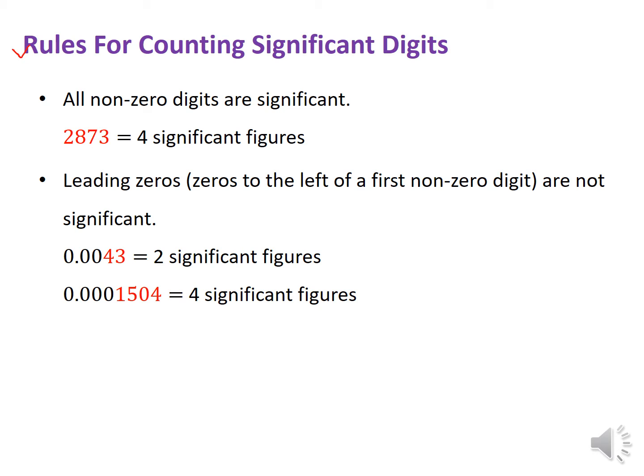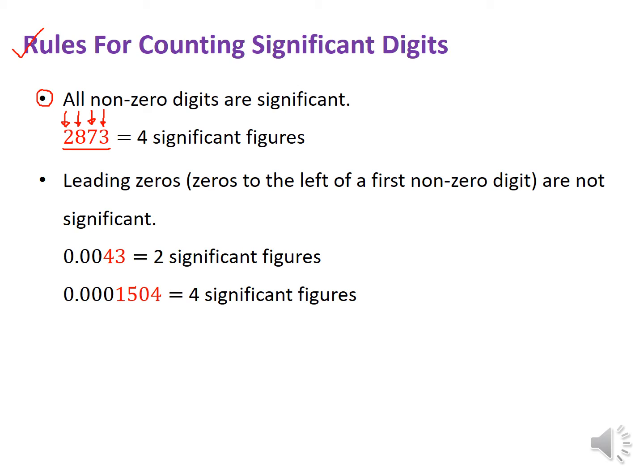Now we will discuss rules for counting significant digits. The first rule is all non-zero digits are significant. For example, we have the number 2873. Here all the digits are non-zero, so the first significant digit is 2, second significant digit is 8, third significant digit is 7 and fourth significant digit is 3.